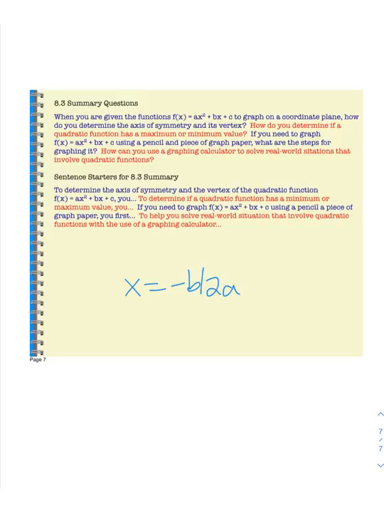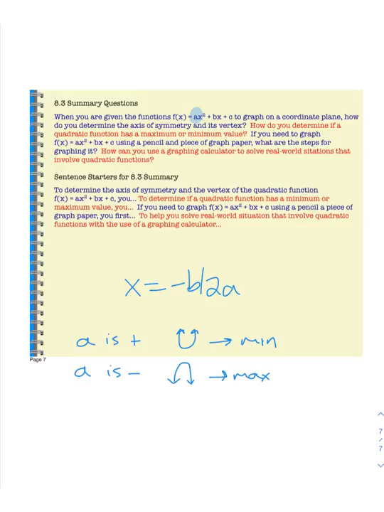You can determine that by looking at a. If a is positive, the graph opens up, which means it's a minimum. If a is negative, the parabola opens down, which means the y value of the vertex is a maximum.